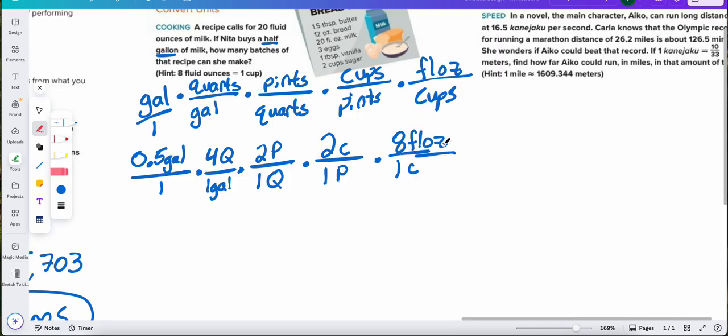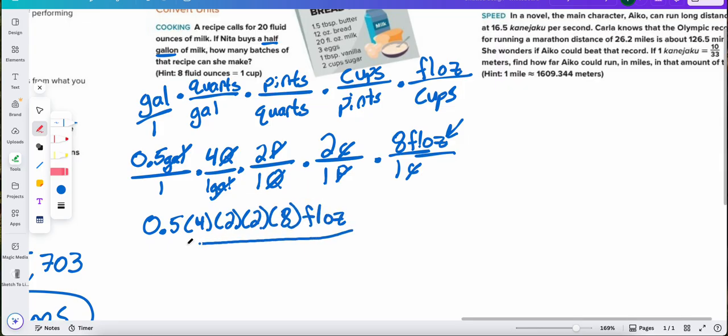Okay. So, when we look at this, the units that are on top and bottom would cancel out. So gallons cancels, quarts cancels, pint cancels, cup cancels, leaving us with the correct unit. When we talked about multiplying, we multiply directly across for fractions. So we'd be taking 0.5 times 4 times 2 times 2 times 8 fluid ounces over 1 times 1 times 1 times 1 times 1.